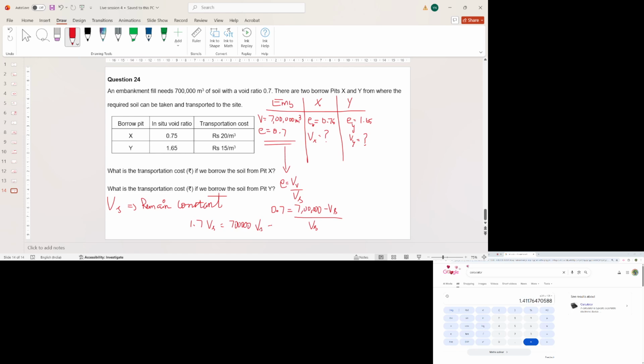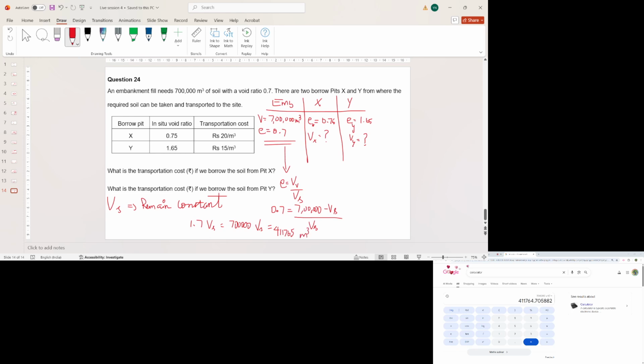Now, Vs is going to be 411,765 meter cube, which is the volume of soil solids.